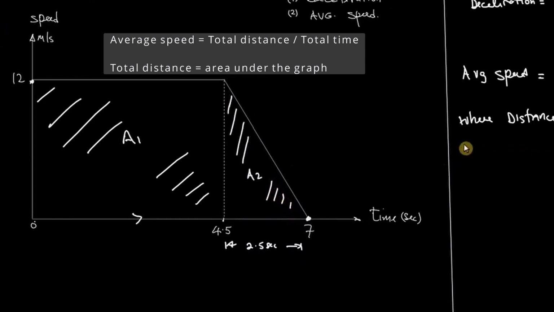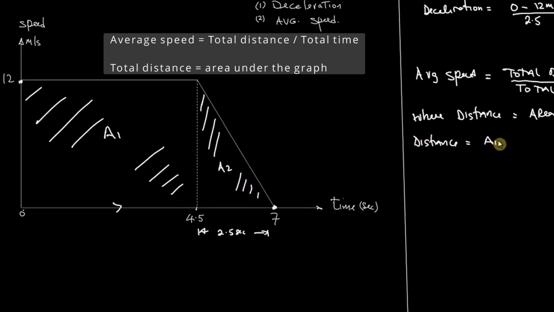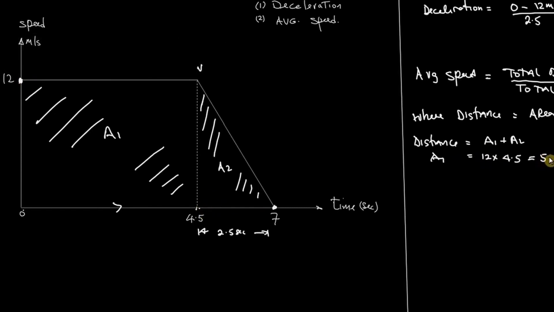So distance is equal to area 1 plus area 2. Let's find area 1, that's the area of the rectangle. It's just simply length by width, which is 12 times 4.5. That's equal to 54 meters. A2, the area of the triangle, is equal to half base times height, which is half of the base, which is 2.5, times the height, which is 12, and that is equal to 15 meters.